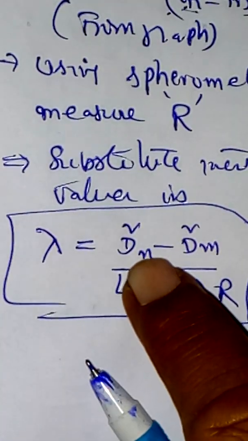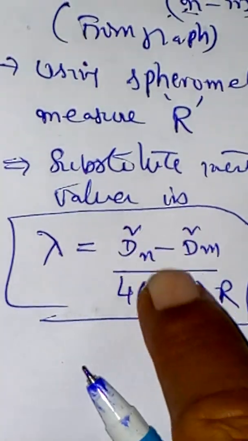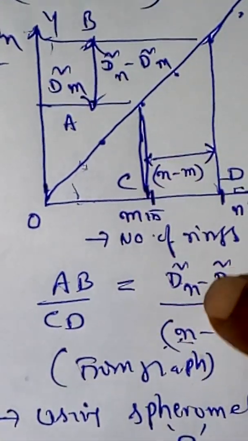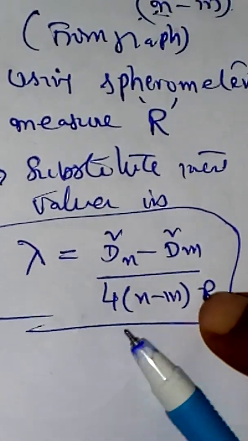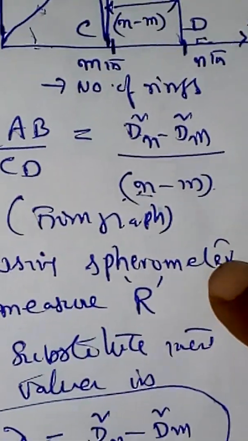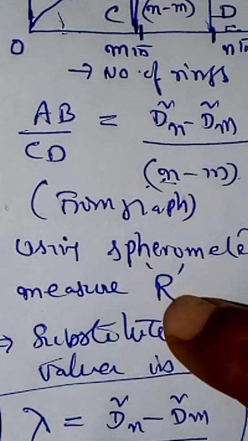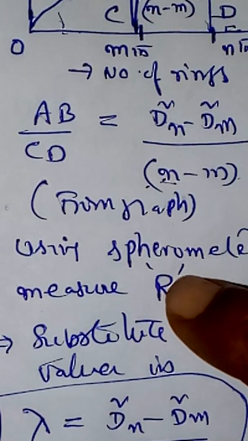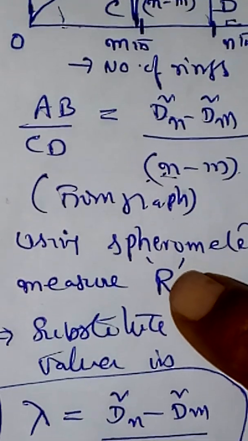From this, d square n minus d square m by n minus m is directly coming from the graph. Here, the only thing unknown is R. So using a spherometer, we can measure the radius of curvature of a curved surface. A spherometer is a device, as I told you, which helps us measure the radius of curvature of a curved surface.